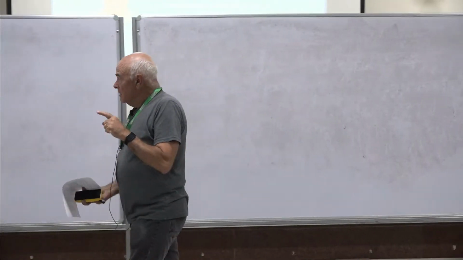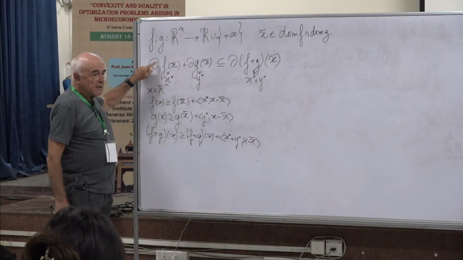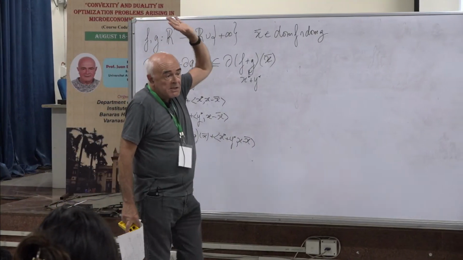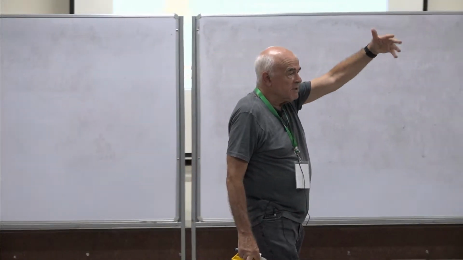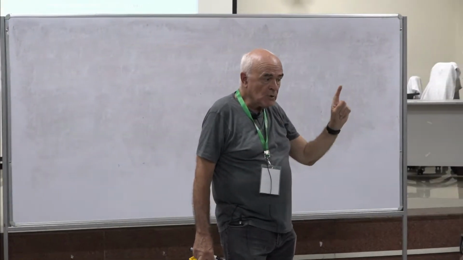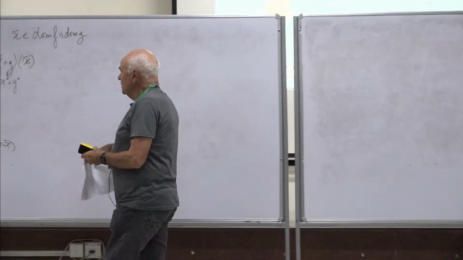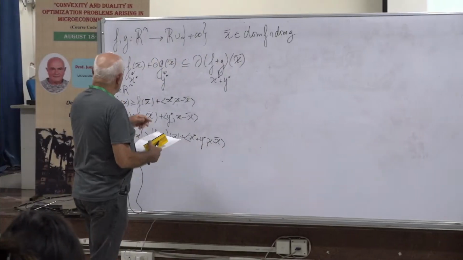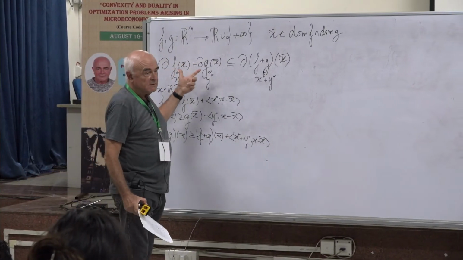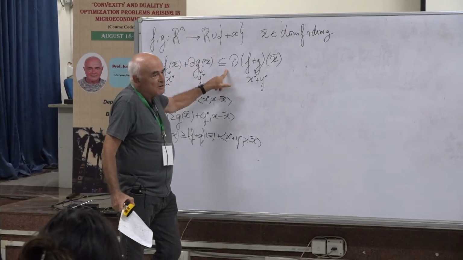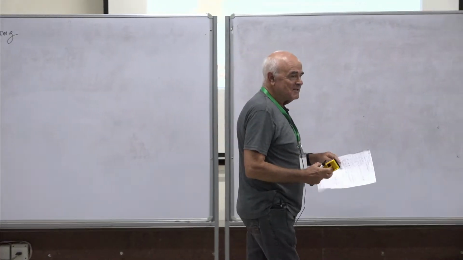I mean, writing that star, I'm saying if there is an x star there and there is y star there, the sum satisfies this and that. I'm not assuming non-emptiness. But in fact, if this is empty, then the sum is empty. So the inclusion holds anyway. Now this is an interesting comment.